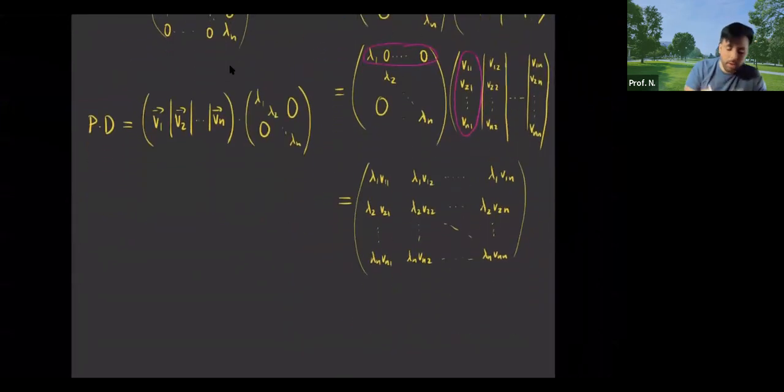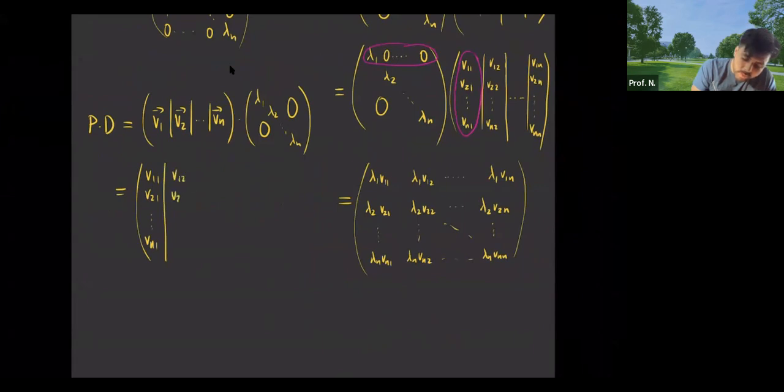Now, what would happen on this side? I'd have the same matrix, V11, V21, Vn1, then V12, V22, Vn2, all the way to V1n, V2n, Vnn.